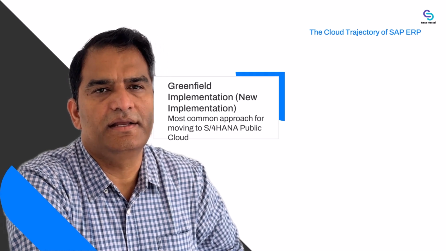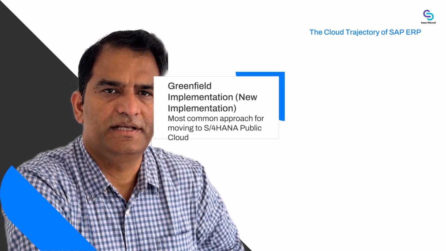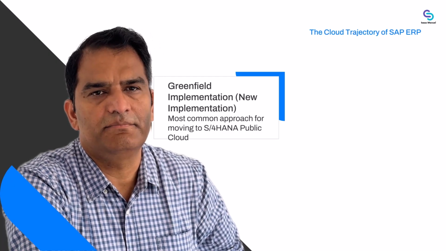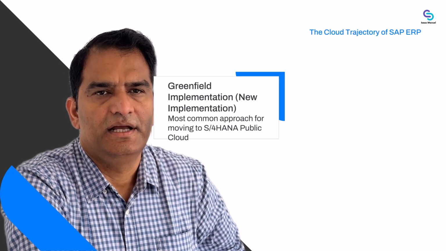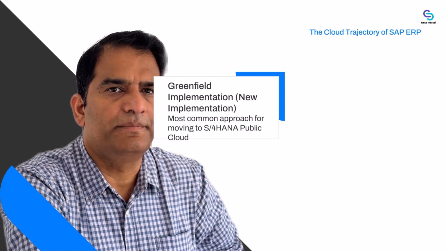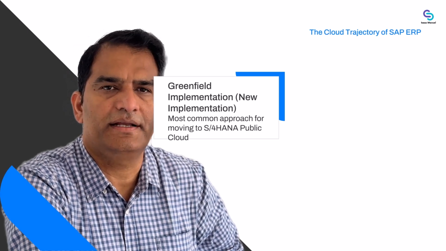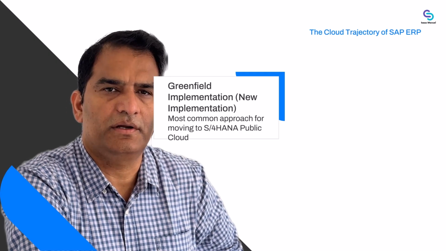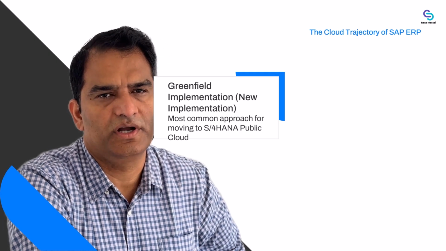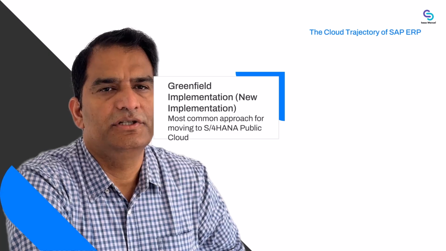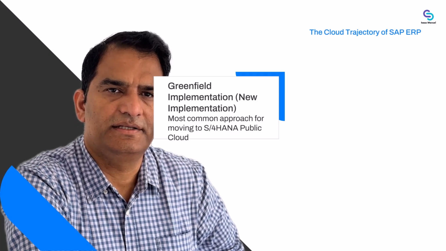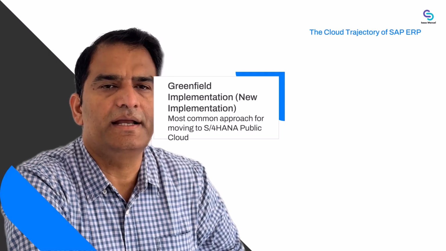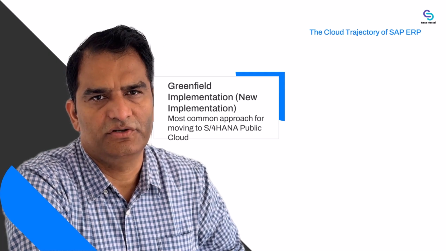Design your processes around S/4HANA standard best practices, migrate only the necessary master and transactional data, often using SAP provided migration tools like the SAP S/4HANA migration cockpit, and do not bring over old custom code or configurations. Essentially, you treat it as a new ERP deployment. This approach goes hand in hand with the fit to standard philosophy.